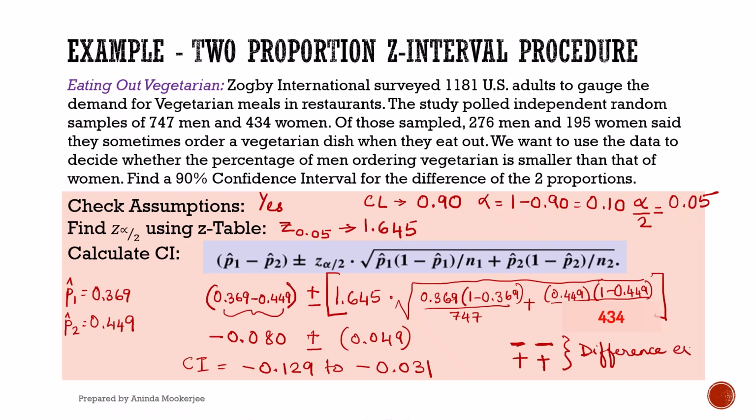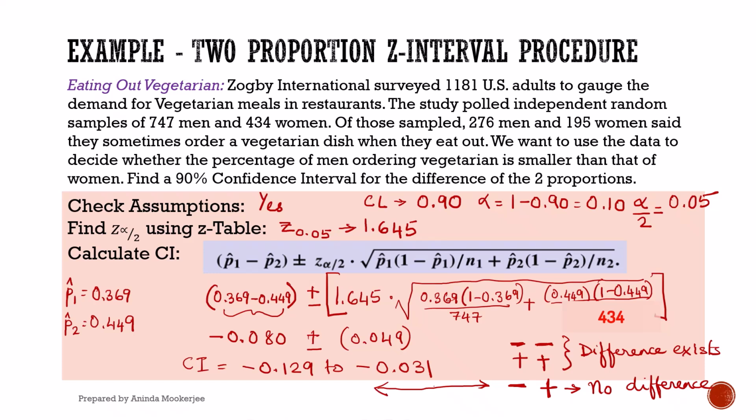Difference exists. However, if one of the endpoints is negative, so if the lower end is negative and the upper end is positive, that means no difference exists. They are almost the same. And think about it, let's say here is our interval of values.